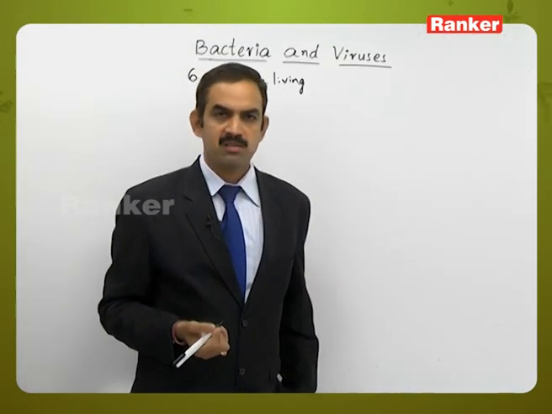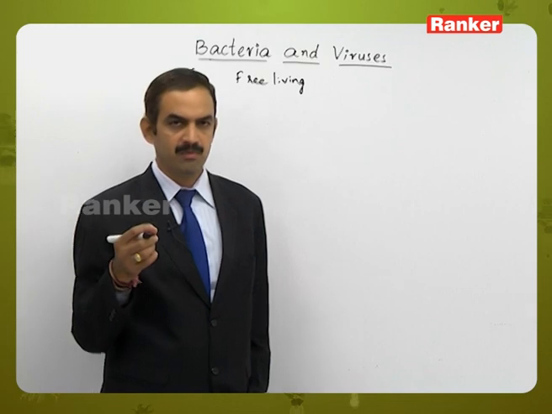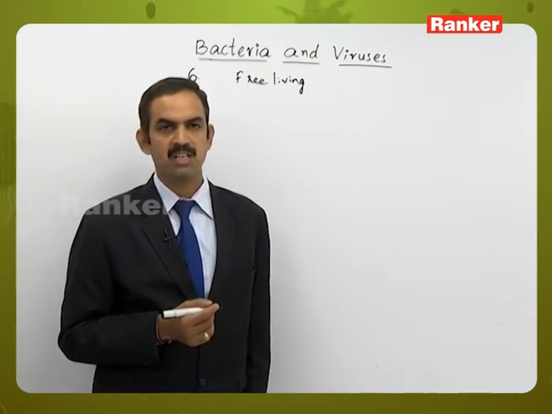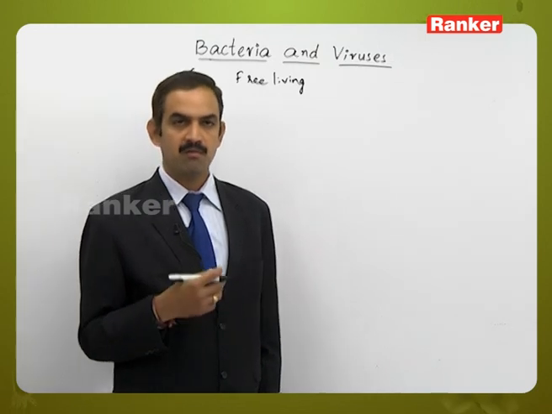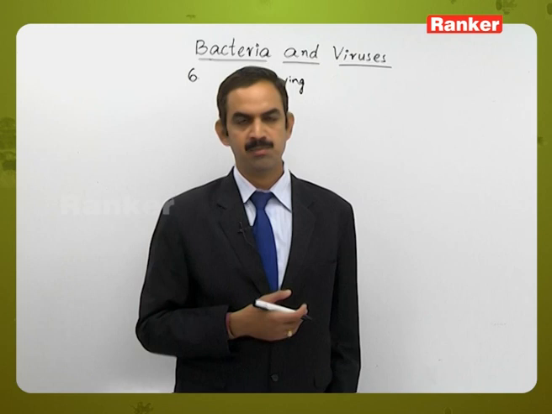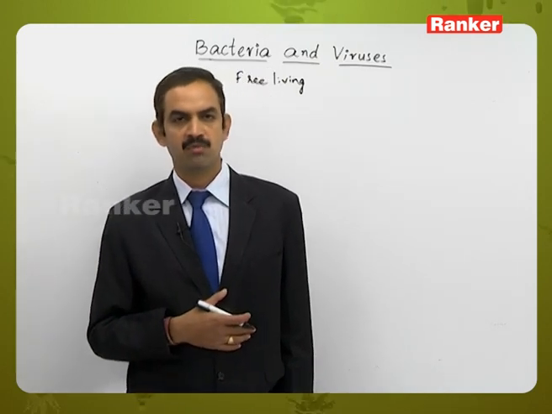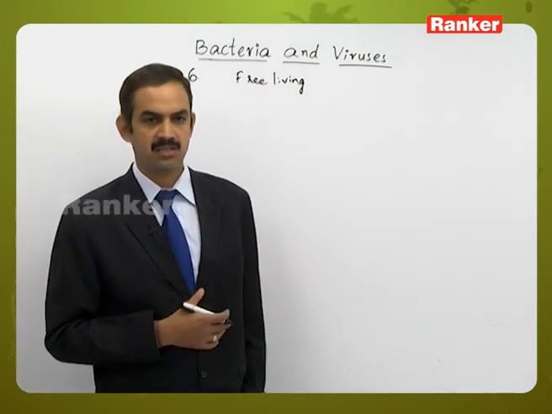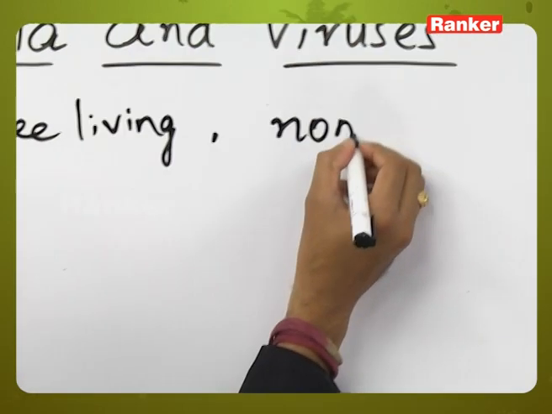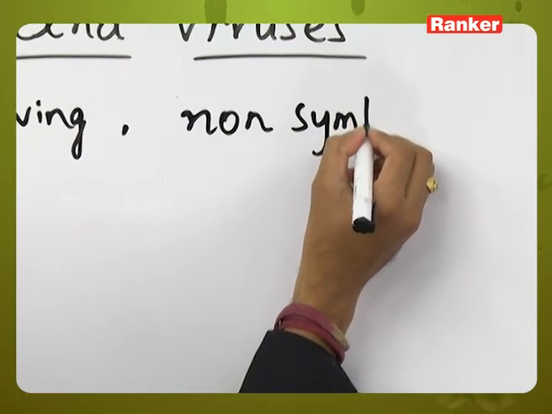Free living means bacteria which are not associated with any other type of living organisms, which do not have a symbiotic association with any other living organisms. We call them free living bacteria. That should be non-symbiotic also.